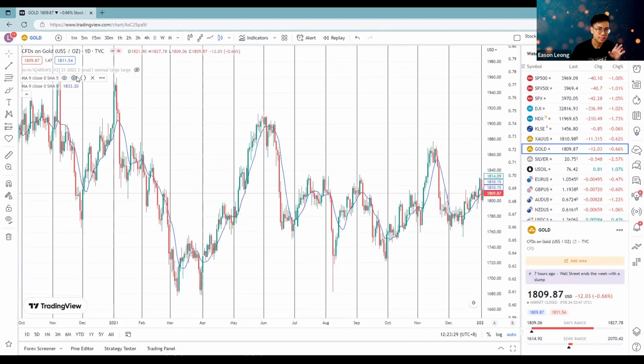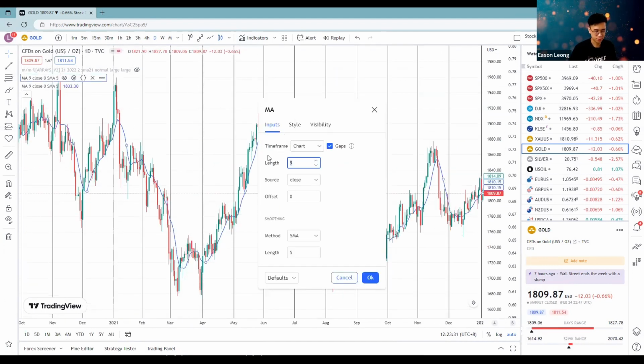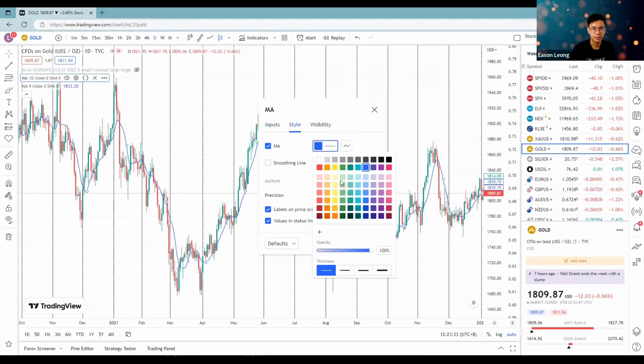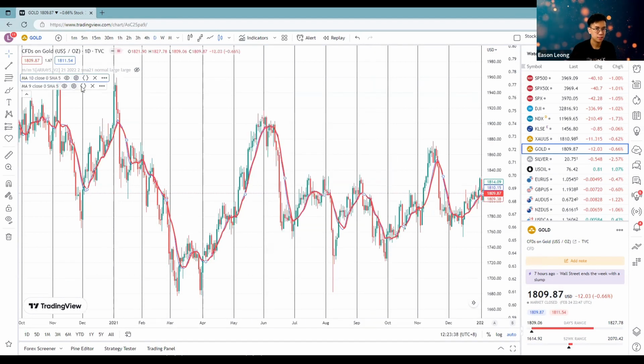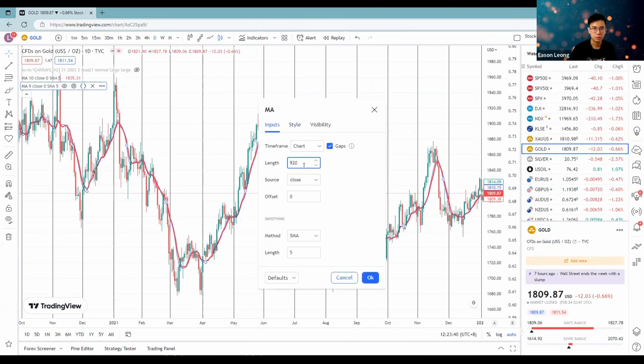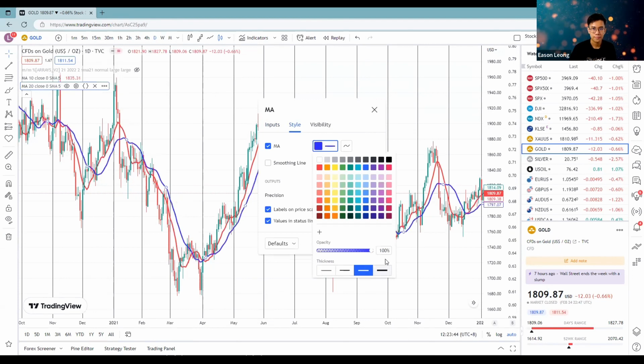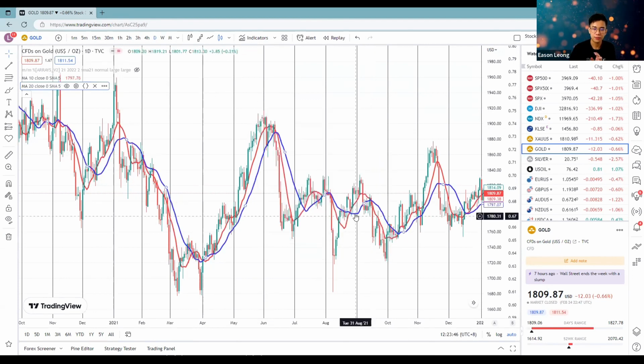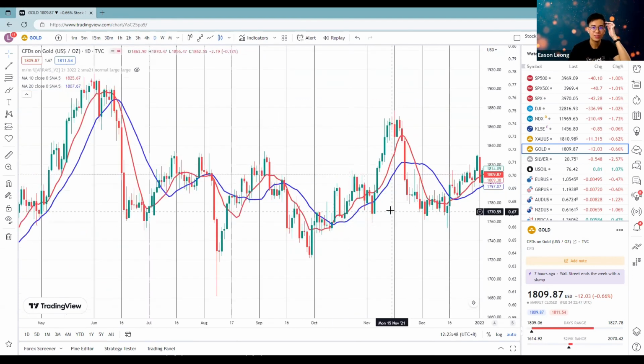Why? Because of the design of moving average. Let's say that I use a common one, 10 and 20. I set this one to be red color, and then set another one, 20, to be blue color. Now, the design of moving average is to capture trend.